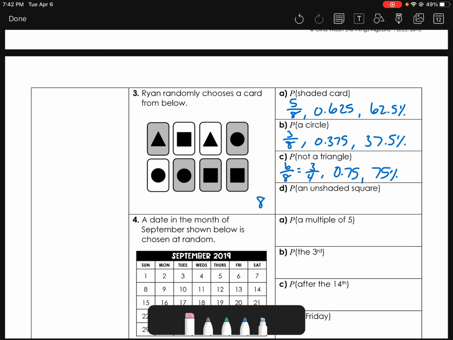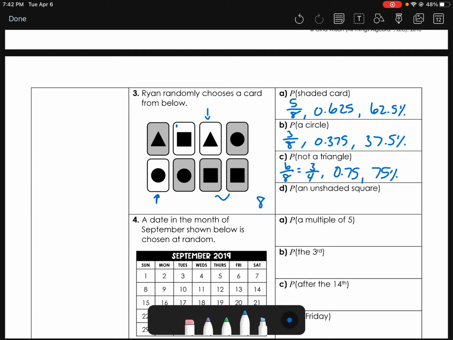D says the probability that we get an unshaded square. So this one is not shaded in, and we also get a square. So we kind of have 2 things going on here. This one wouldn't count because it's not a square.